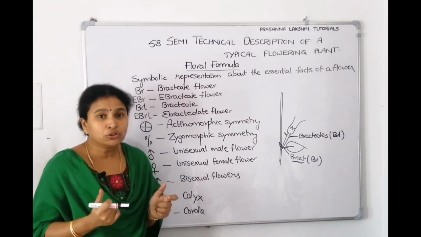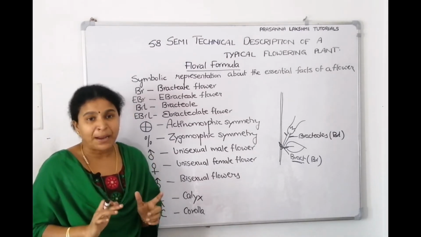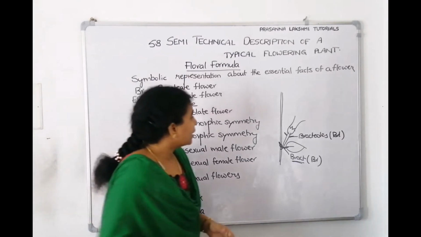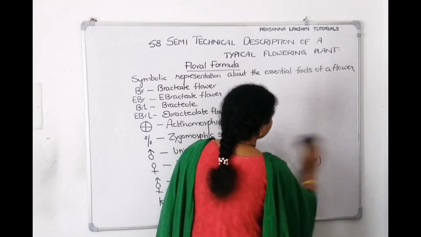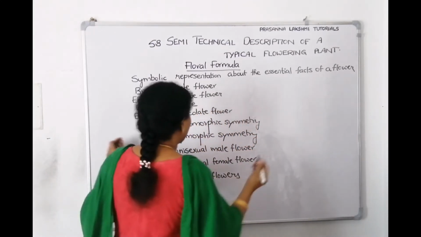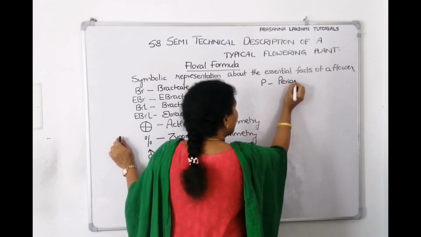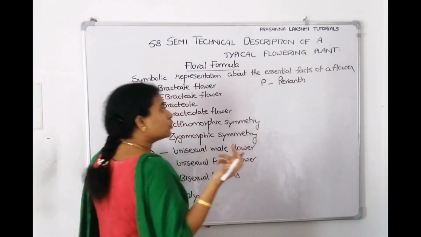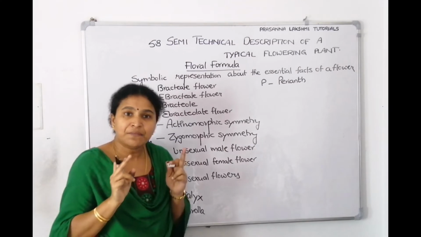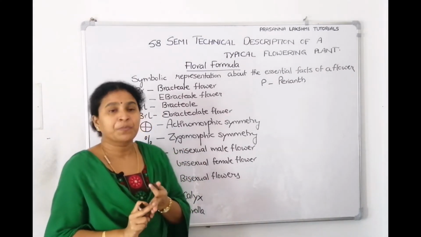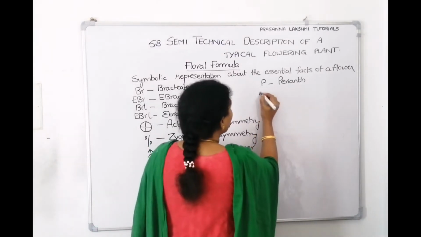Calyx and corolla are fused to make perianth, the tepals. So for perianth, we go with P only. What symbol are we using for perianth? P. What do you mean by perianth? There is no distinction between calyx and corolla, then we use perianth. Then the third whorl is androecium, the male reproductive part. For male, we go with A.